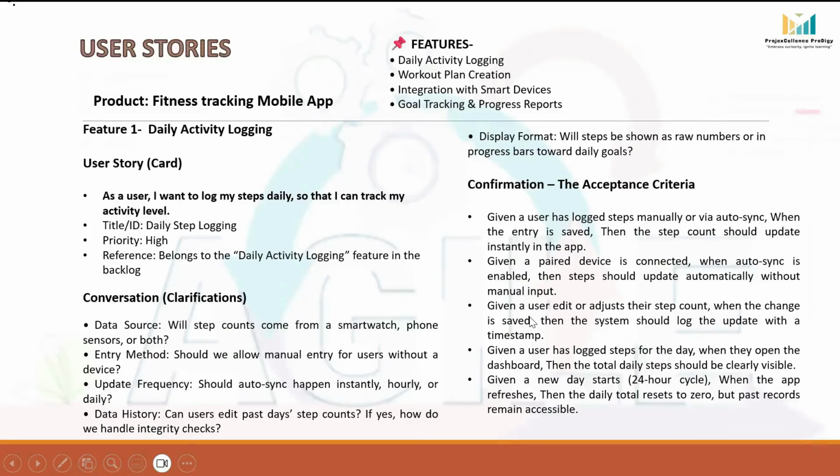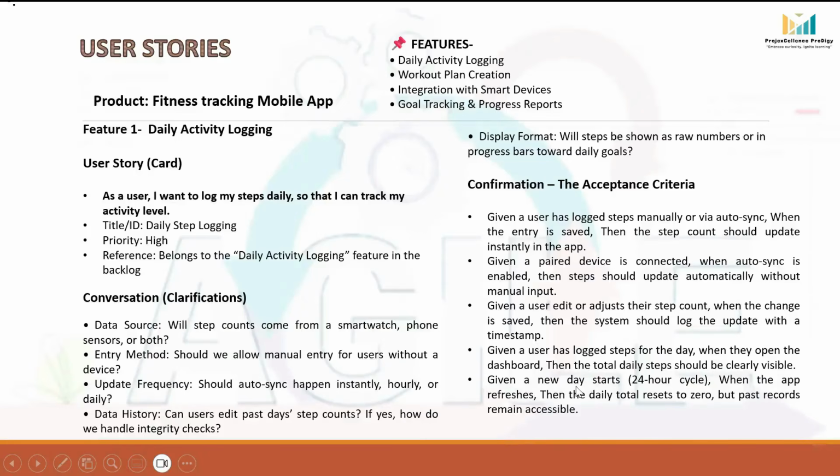Next acceptance criteria is editing step count. If a user edits or adjusts their step count and when it is saved, then the system should record and update along with a timestamp to keep a proper history. Another acceptance criteria is regarding dashboard display. If a user has logged steps for the day, when they open the dashboard, then their total daily steps should be clearly visible.